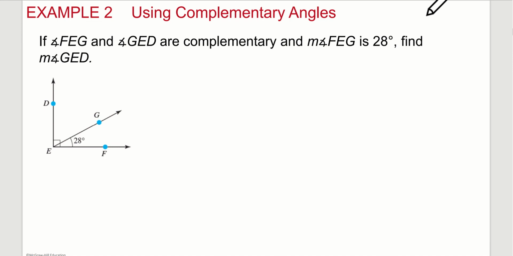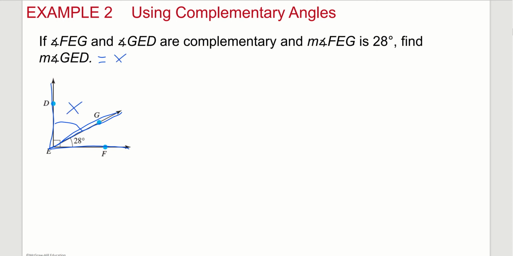Let's take a look at the next question. They tell us that angle FEG, which would be this one right here, and angle GED are complementary. They tell us that GEF, or FEG, is 28. Find the measure of GED. So let's do our standard algebra trick. If we don't know what the measure of that angle is, let's call it x.